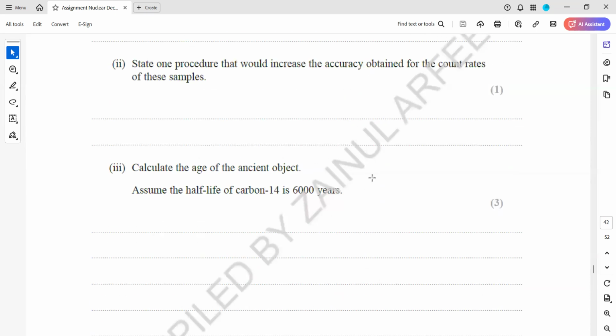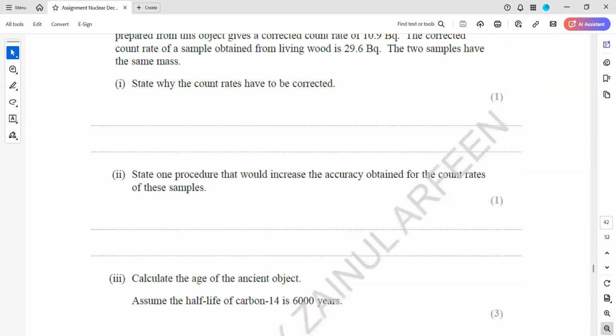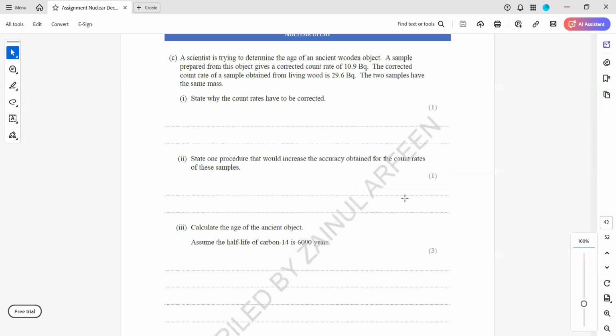Calculate the age of this ancient object. How can we work out the age? Activity is given. Originally it was this, now it is 10.9. So A equals A naught e raised to the power minus lambda t. The current activity is 10.9 becquerel, corrected, and the original activity was 29.6. What is lambda?